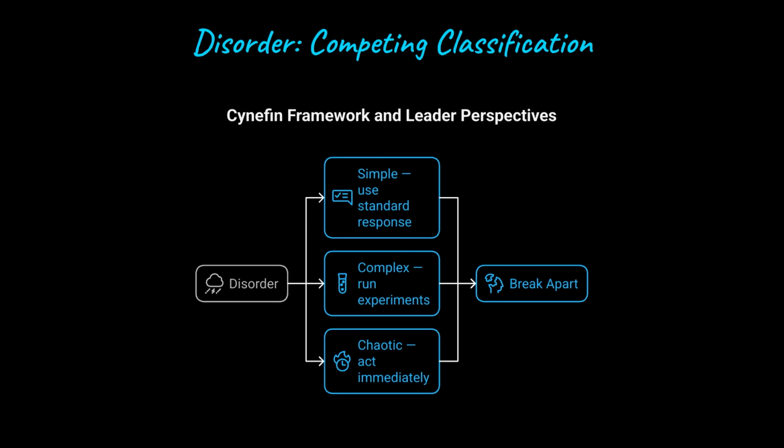The recommended response is to break the situation apart, examining each piece separately and placing it into one of the other four domains where an appropriate response pattern can be applied. The work of leadership in disorder is diagnostic, not decisive. First, name the condition explicitly. This alone can unlock a room where everyone is talking past each other.